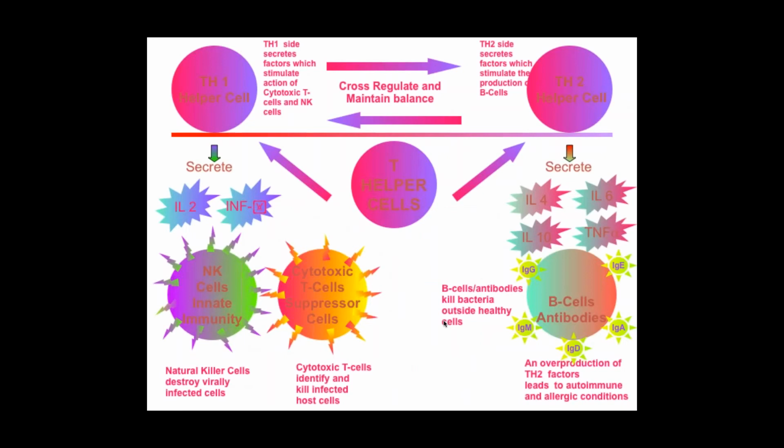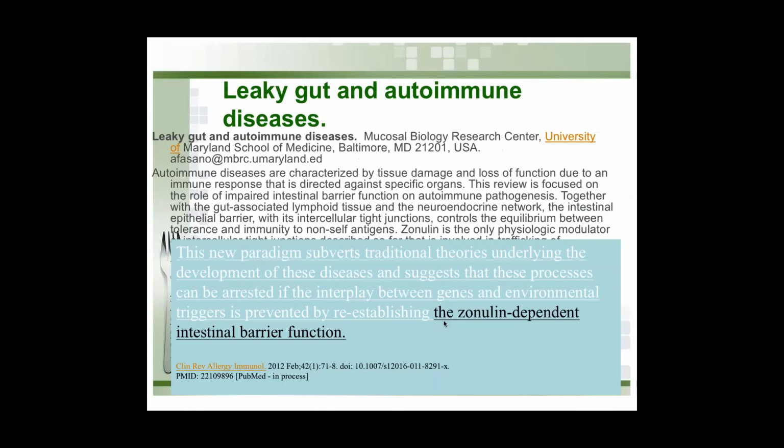And all those cells are secreting these different inflammatory cytokines, IL-4, IL-6, IL-10, TNF-alpha, and an overproduction of these on the Th2 side is what leads to autoimmune and allergic conditions. So it's this whole gut health or gut breakdown process that is involved in autoimmune thyroiditis.